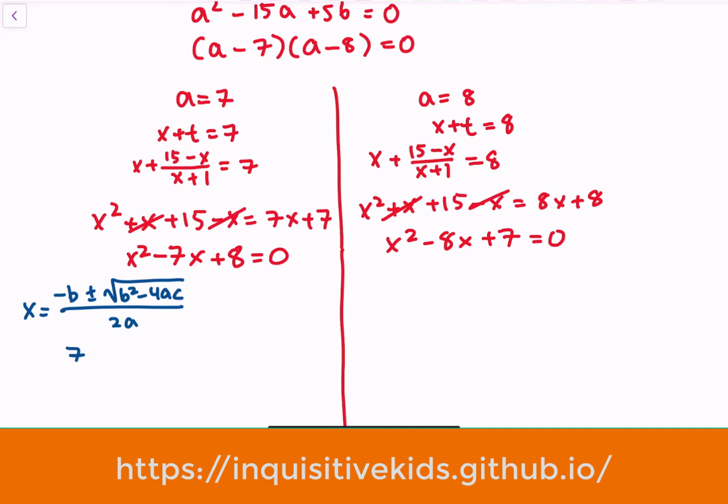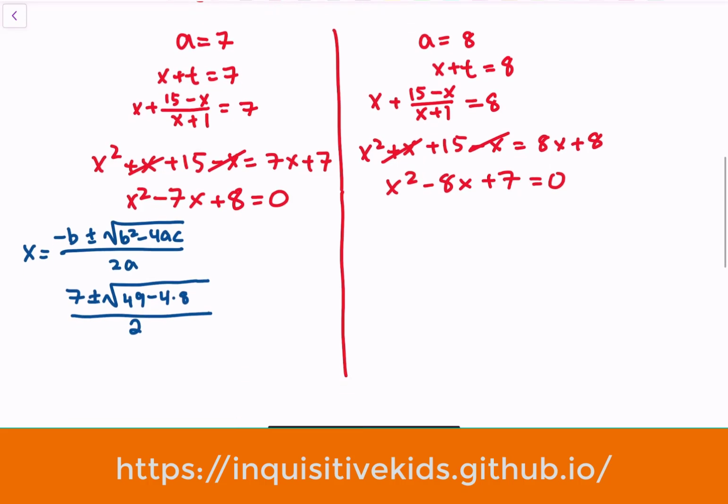So it would be 7 plus or minus the square root of 49 minus 4 times 1 times 8, over 2a, which is just 2. Then we have 7 plus or minus the square root of 49 minus 32, which is 17. So x is equal to 7 plus or minus the square root of 17, over 2.